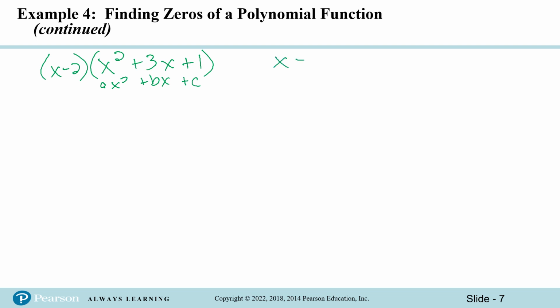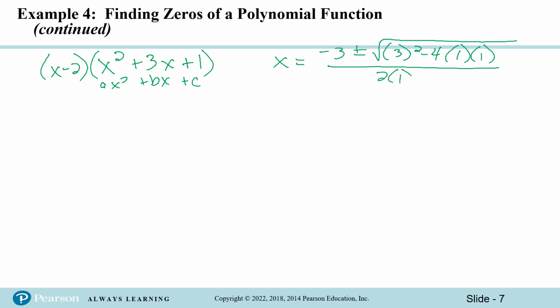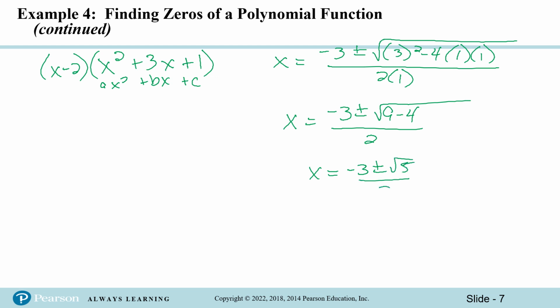I'm going to use the quadratic formula: -3 plus or minus the square root of b squared minus 4 times a times c, all over 2a. And we simplify that: plus or minus the square root of 9 minus 4, over 2, which gives square root of 5 over 2.